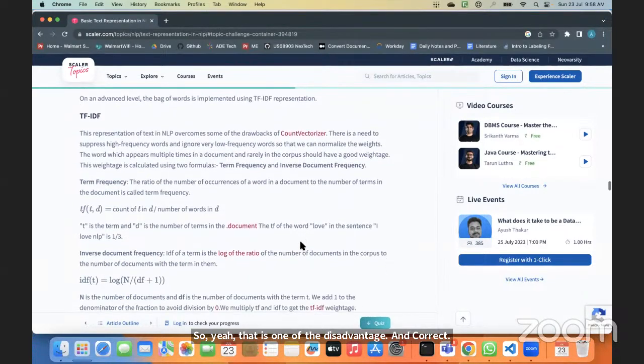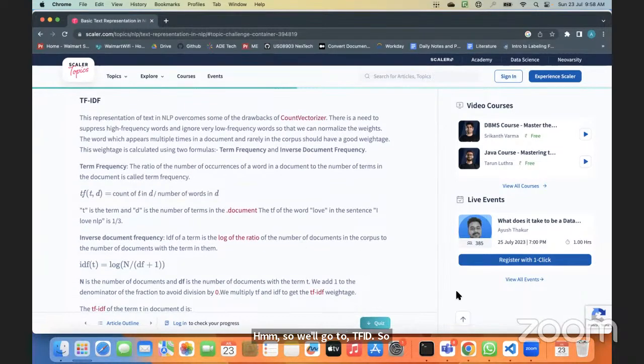So we'll go to TF-IDF. Has anybody heard of TF-IDF representation before? TF-IDF calculation or frequency? Any idea? Okay, fine. I'll just go ahead.